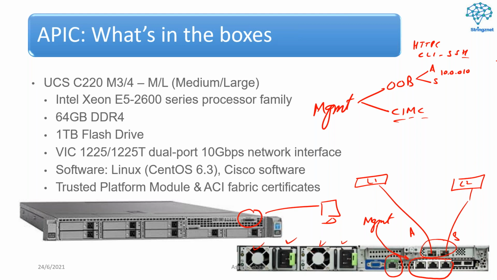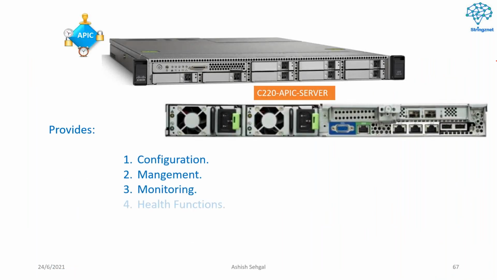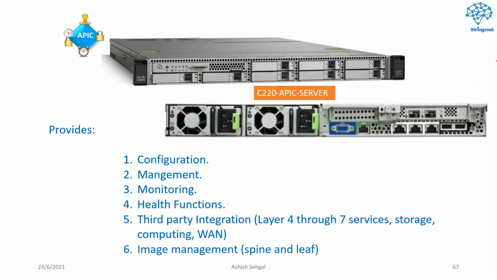Okay, now a closer look on this. So we are seeing this more closely. So what does it do? It does configuration, right? The very first task of the APIC controller is to do the configuration and push the configuration in our ACI fabric.